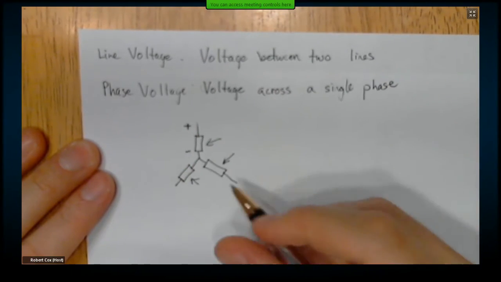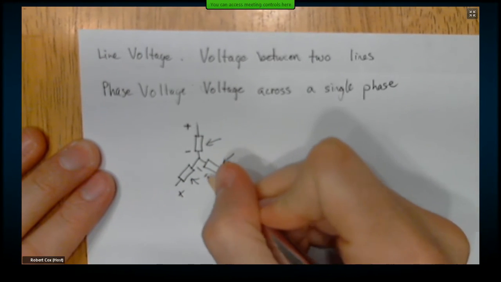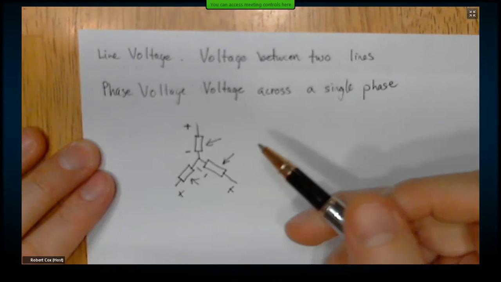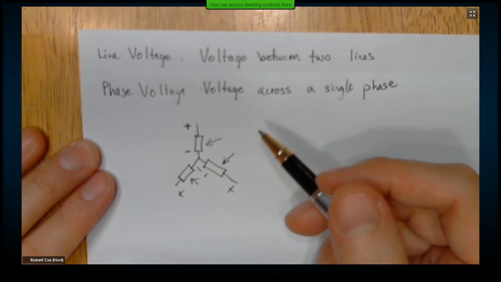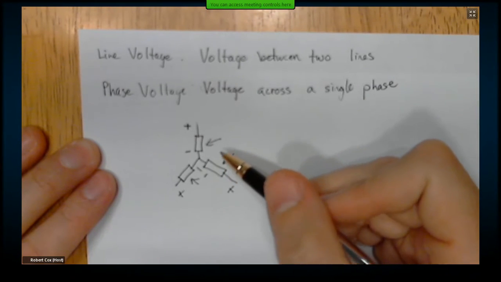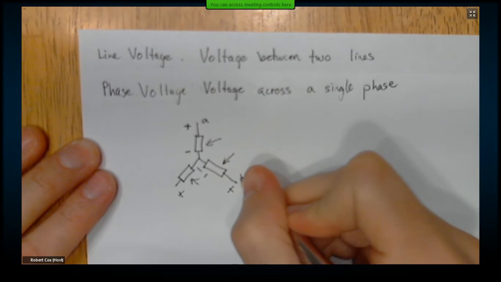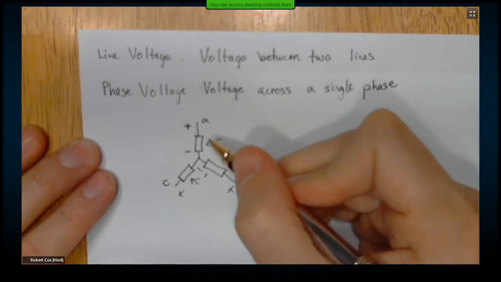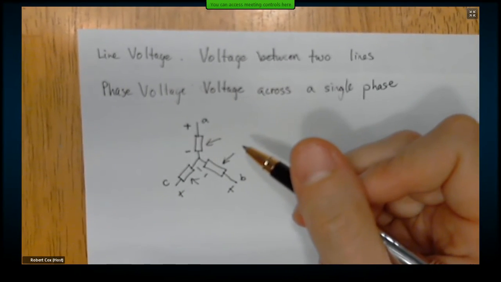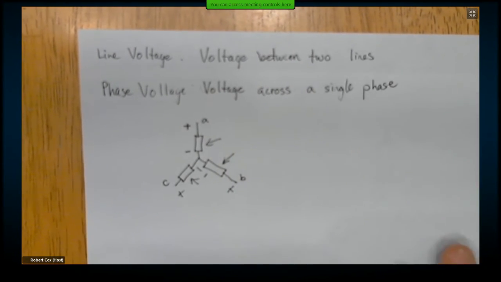This is a phase voltage right here. This is a phase voltage. This is a phase voltage. The voltage across one of these is a phase voltage. Line voltage is the voltage from here to here, from this line to this line. So if this is A, this is B, this is C, the voltage from A to B is the line voltage. Generally you'll hear me say line to line voltage so as not to confuse you.